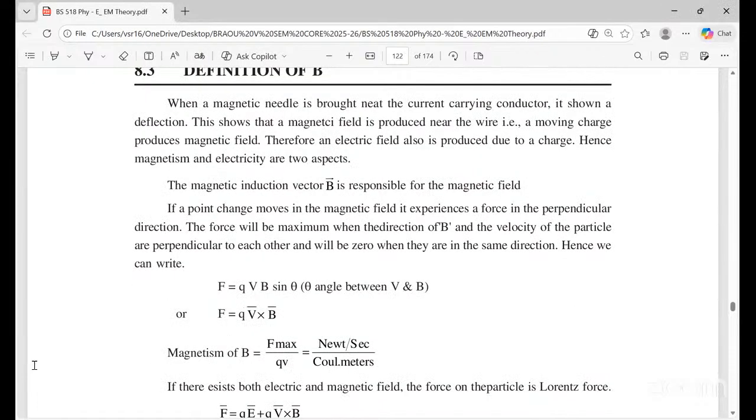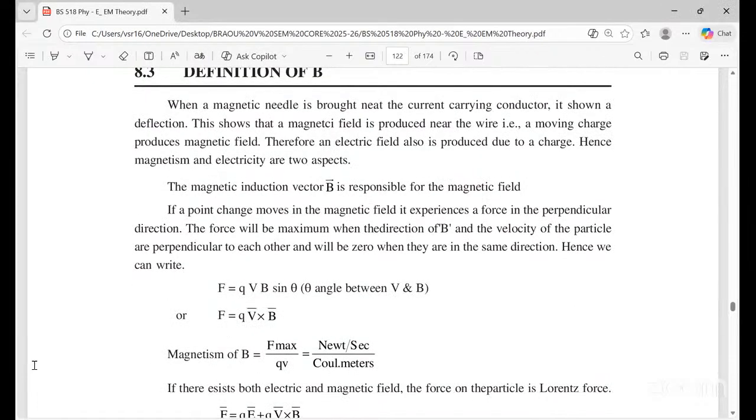Next, the definition of B here. In an electric field, suppose you consider a positive charge like this, the line of force of the field is always outwards, like this.